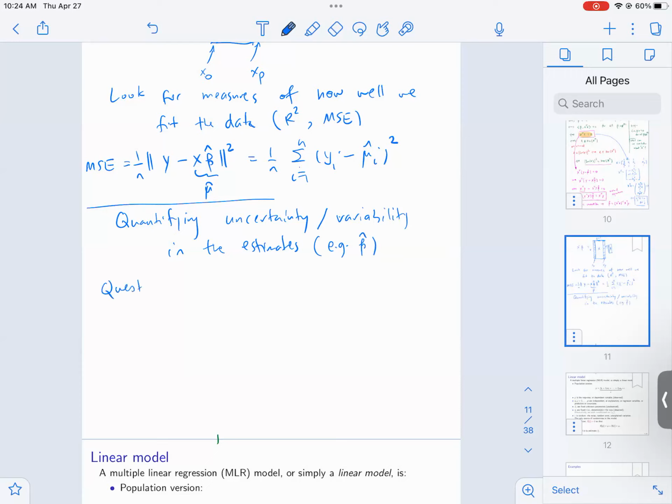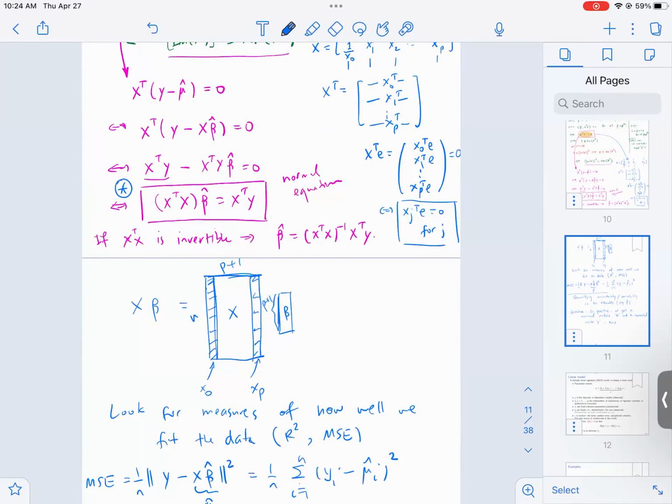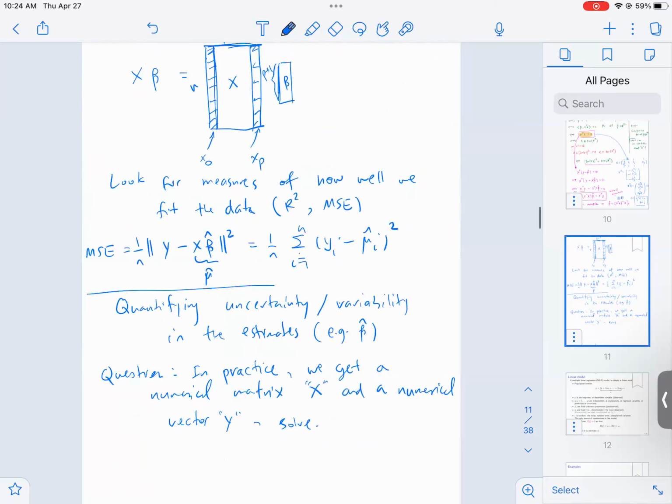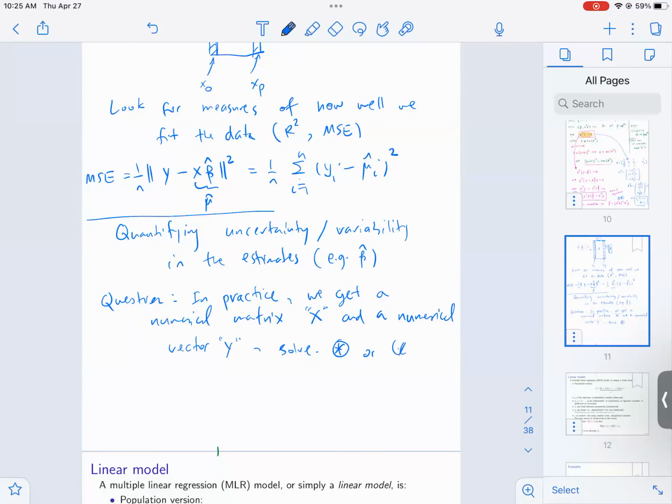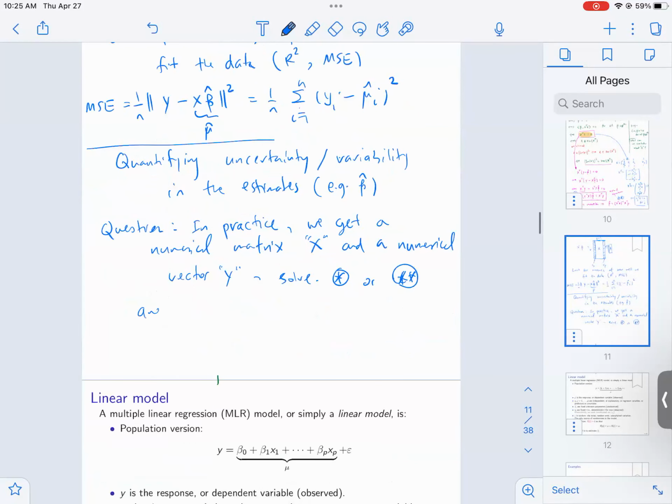So the question is, in practice, we get a numerical matrix X and a numerical vector Y. We solve, let's say, star or double star, and we get a numerical vector beta hat.